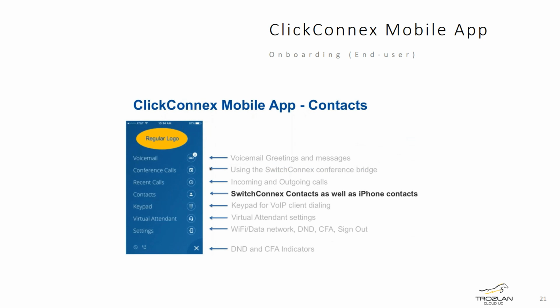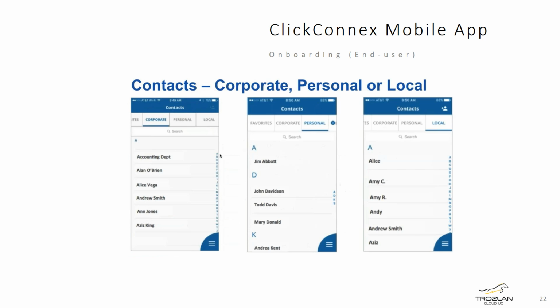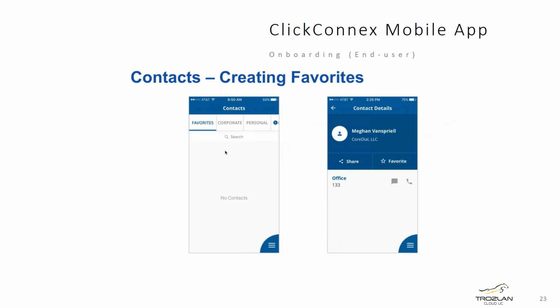We provide the ability to use the ClickConnex contacts as well as the iPhone contacts within the app. As you can see here, we have a tab for the favorites, corporate, personal, and local. You may also create a favorite contact list with the tab on the top left.